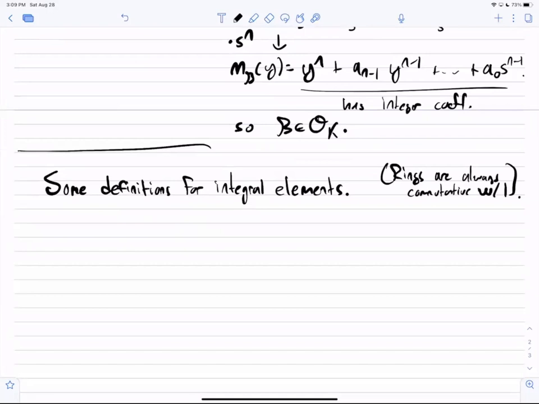Okay, so good. So suppose R is a subring of S, or I could even just take R to be a ring mapping to S, but let me do it like this.